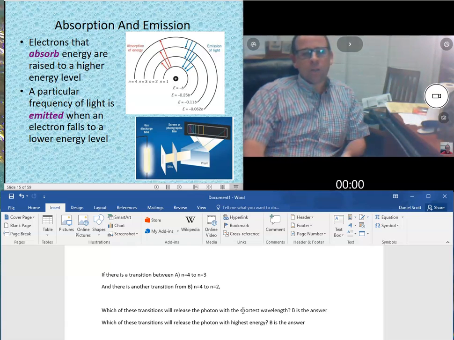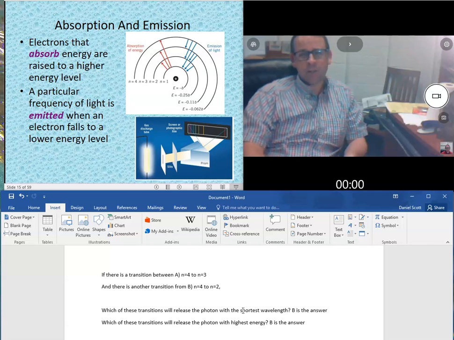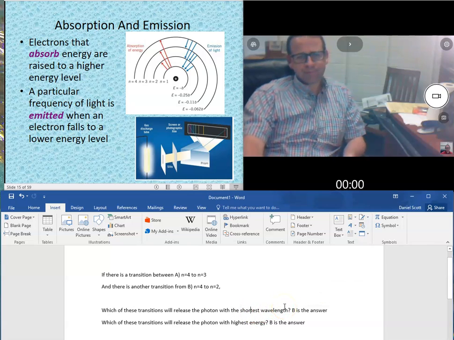No. Shorter wavelength means higher energy because frequency relates directly to energy. And the shorter the wavelength, the higher the frequency. So that's why B is the answer for shortest wavelength as well, because the short wavelength has the highest energy. Does that make sense?